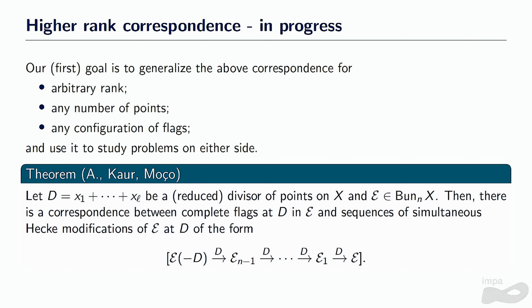Once we have done this correspondence for higher rank, we know that for parabolic theory, we do have a moduli space, and we know the condition of stability. But on the Hecke side, we do not have this notion of stability.